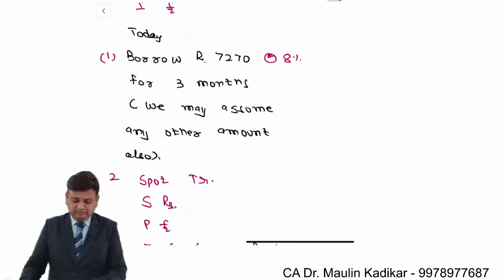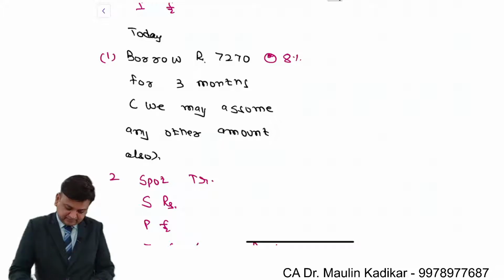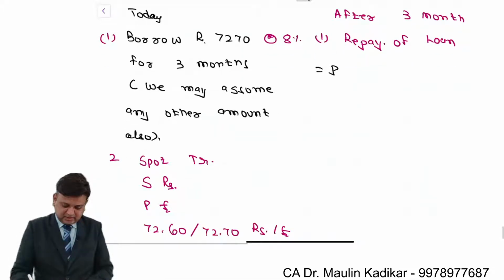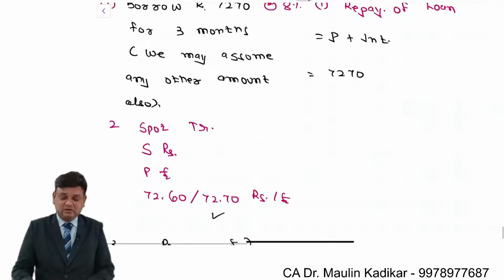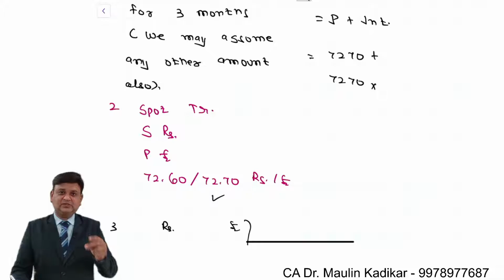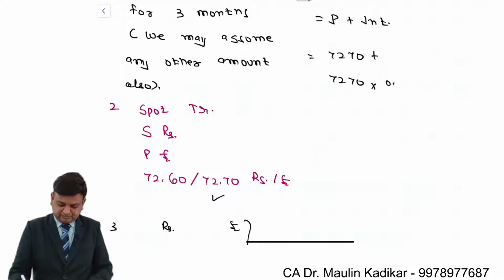Okay. Now after 3 months, whatever amount of rupees you had borrowed, there will be repayment of the loan. It is principal plus interest. 7270 plus 7270 into the rate of interest for rupee currency, which is 8%, and the time period is 3 months.